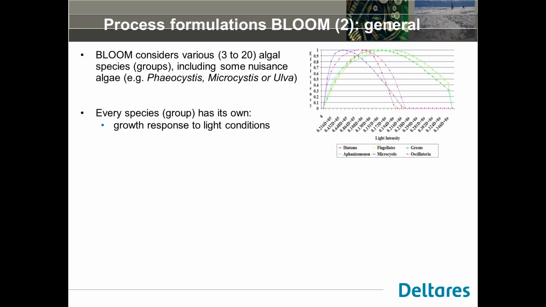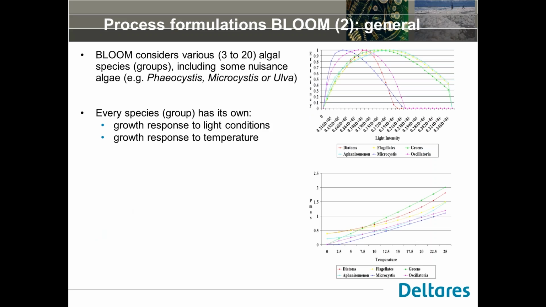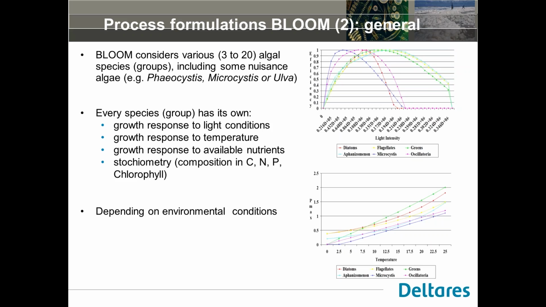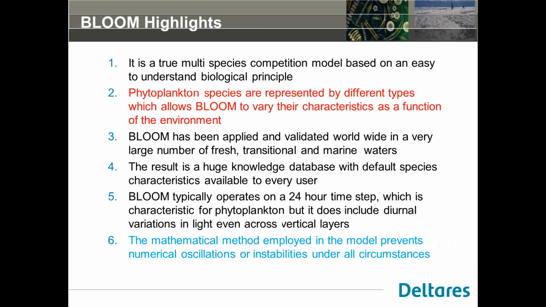Every group, every species has its own growth response to the light conditions, as is shown in the graph to the right, growth response to temperature, growth response to available nutrients, and its own stoichiometry, that is the chemical composition in terms of carbon, nitrogen, phosphate, and chlorophyll. And all of this is depending on the environmental conditions.